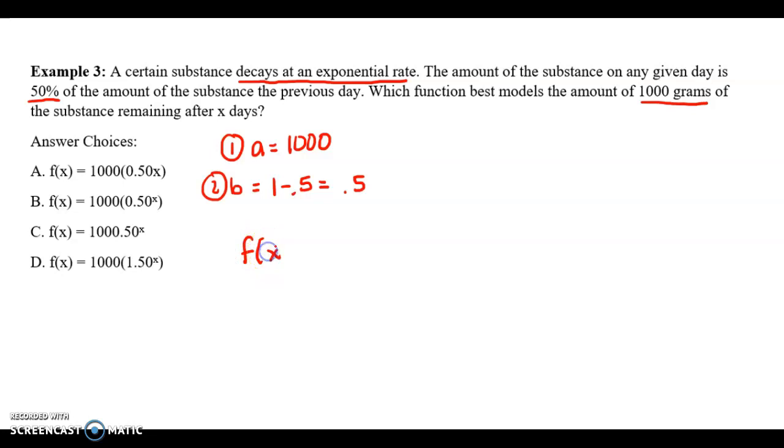I've got A, got B, so I've got 1,000 times 0.5 to the x power. So that one matches this guy. So your answer is B.